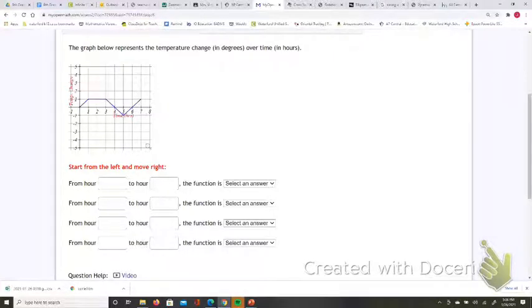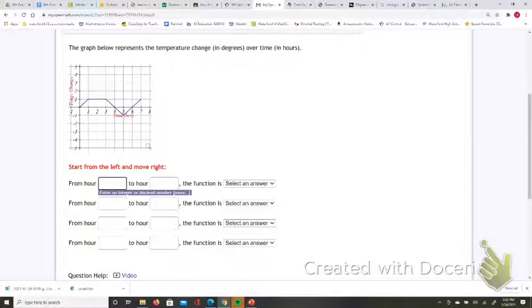From what time to what time is the temperature increasing, decreasing, and constant? We're going to start from left and move right. At the beginning of our graph, we are at 0 hours, and then our next section is at 1. So from 0 hours to 1 hour, the graph is increasing.